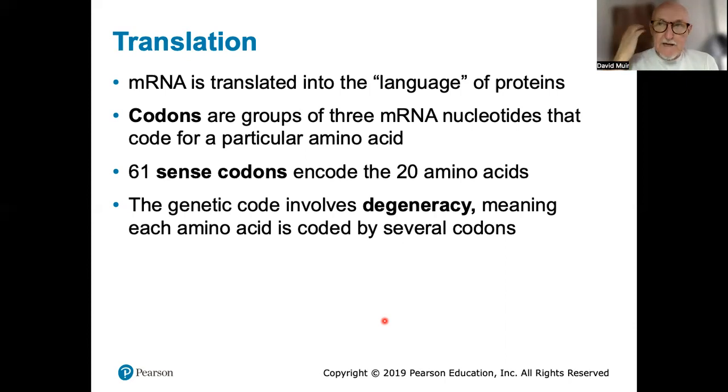Transcription is easy to understand, especially if you understand replication, because it's rather similar, excepting it's producing a messenger RNA transcript, not a new DNA molecule. You have to realize messenger RNA is a direct transcript.